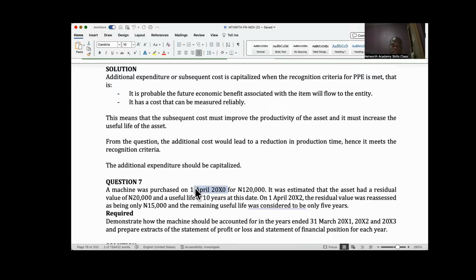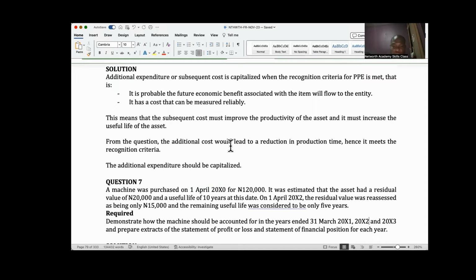We're now told that on 1st April 2002, the residual value was reassessed as being only 15,000, and the remaining useful life was considered to be 5 years. Demonstrate how the machine should be accounted for in the years 31st December 2001, 2002, and 2003, and prepare an extract of the statement of profit or loss.